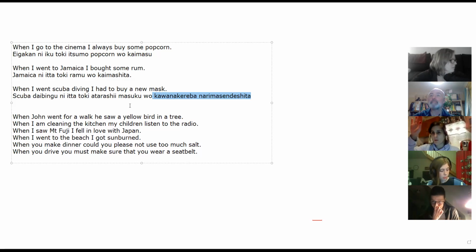A quick question. When we do the must, I have to do the nakereba narimasen. But I saw in the last two lessons that we add even deshita to make it more polite.